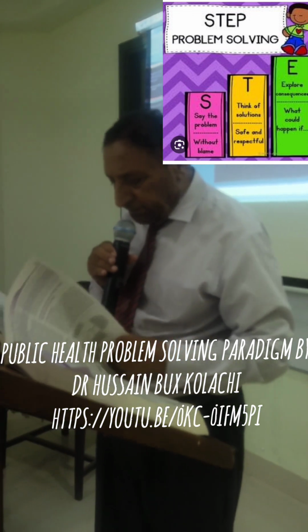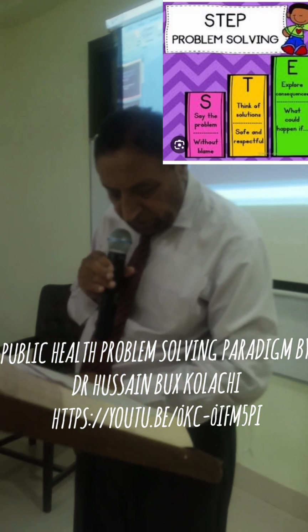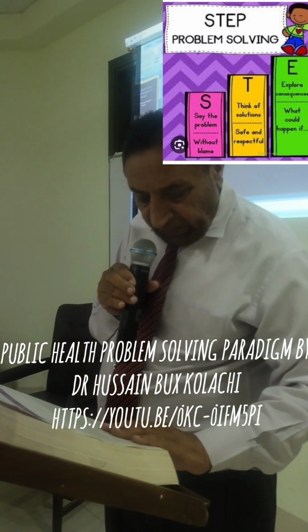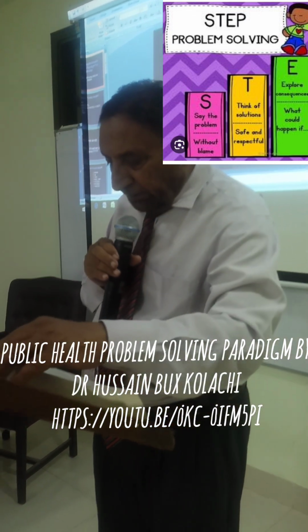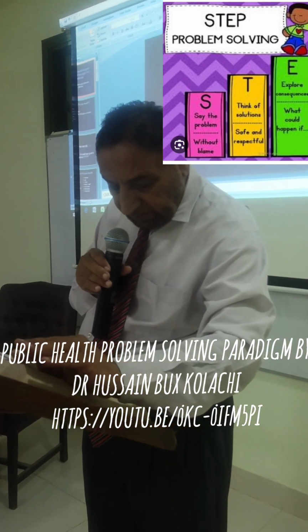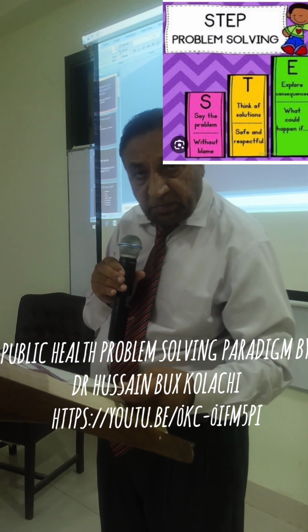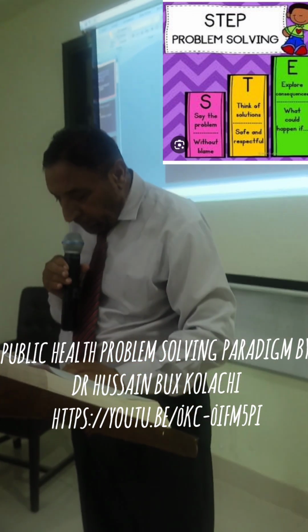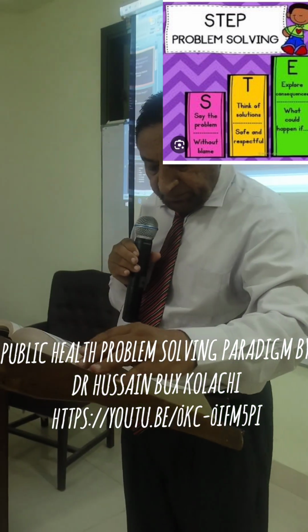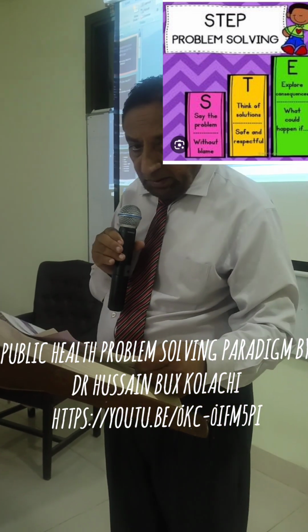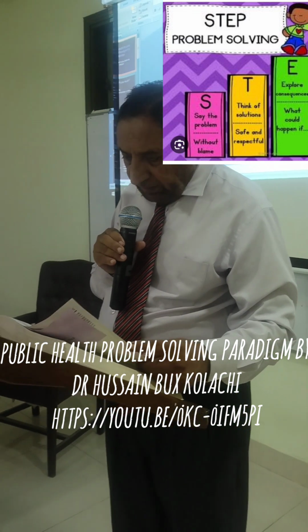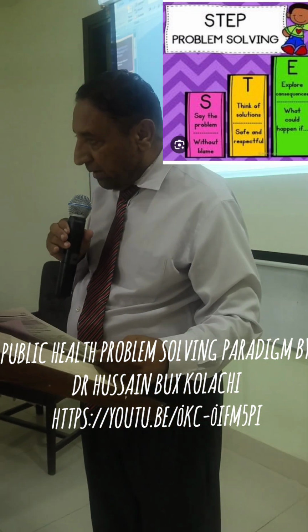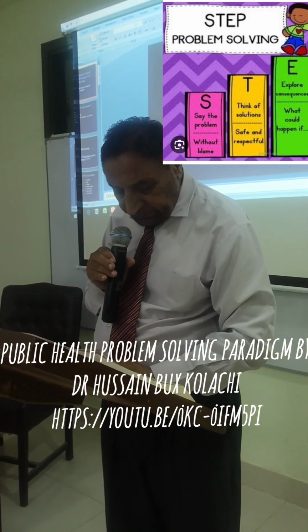Some other important aspects they mention are that we have certain problems, like geriatric problems, the old age problems in Pakistan, as well as environmental health problems and common communicable and non-communicable problems.